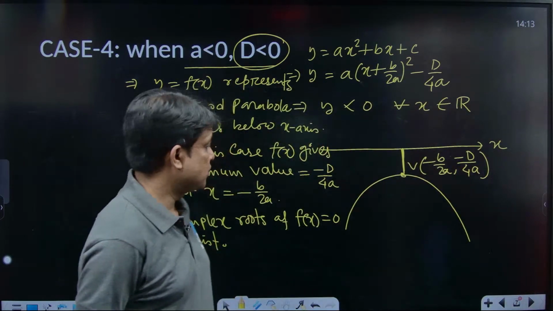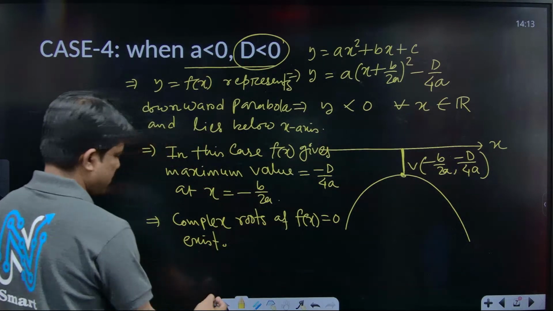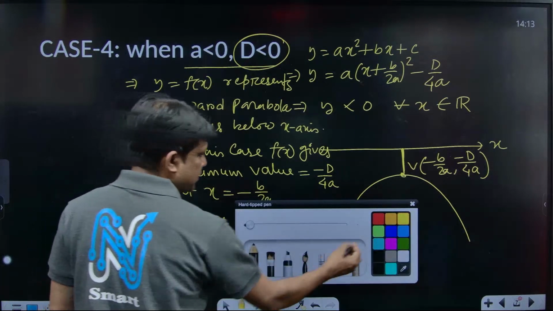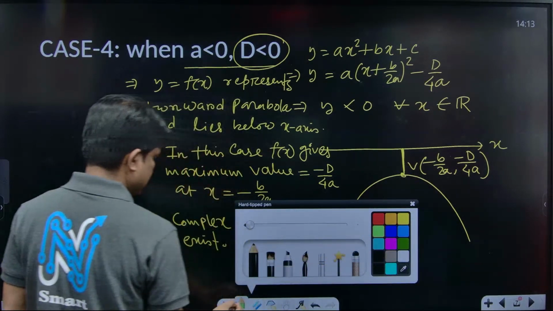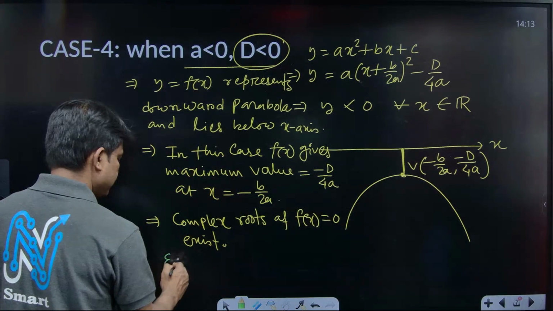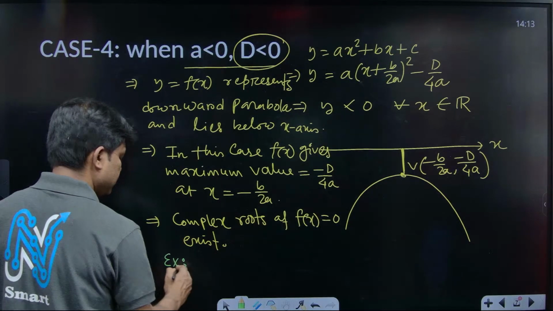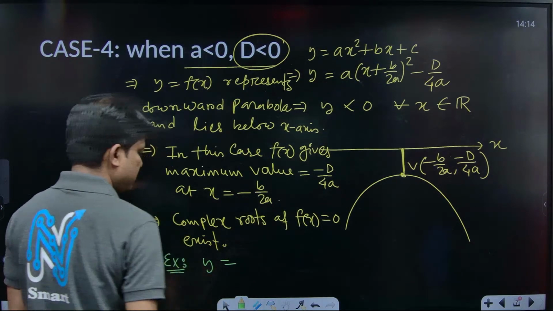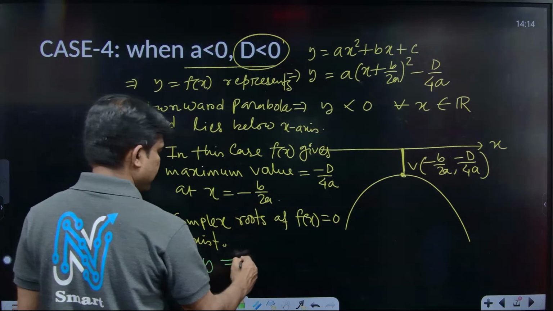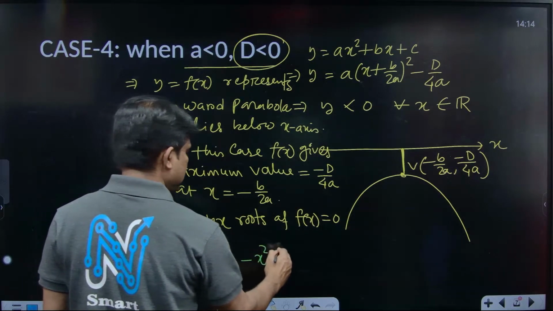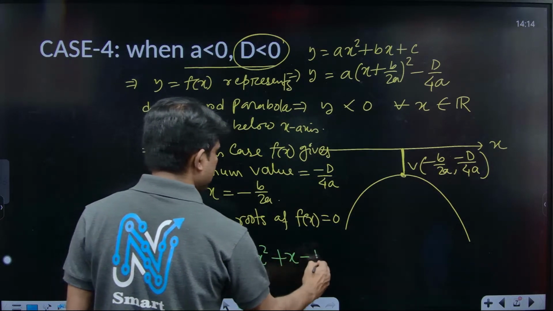Okay, so this is a parabola where the discriminant is negative. Example: y equals minus x square plus x minus 1.